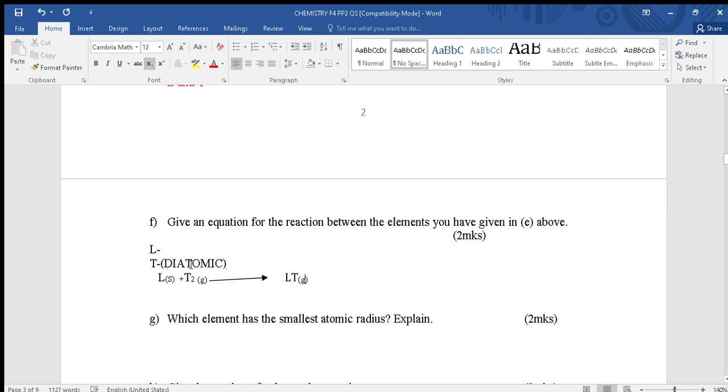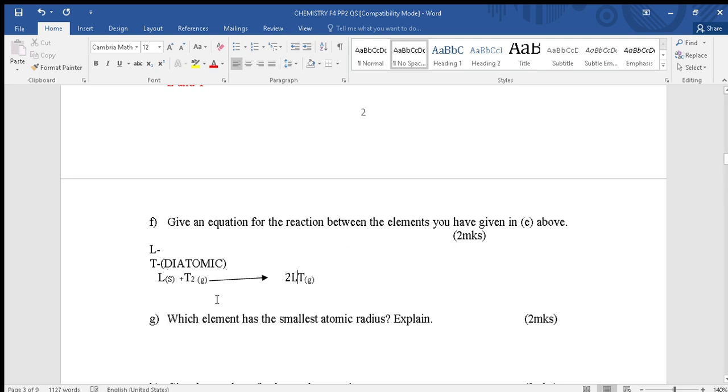So for you to balance this equation, you have to ensure that when you look at this side, L is 1, this side, L is 1. This side, T is 2, this side, T is 1. So you must ensure that you balance there with 2. This should be 2LT.